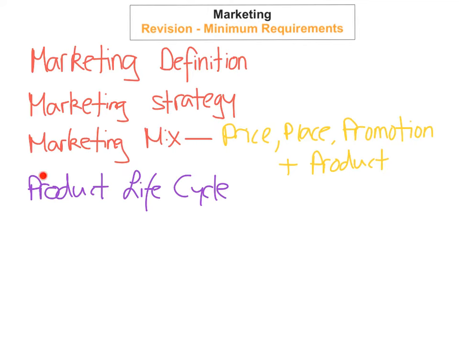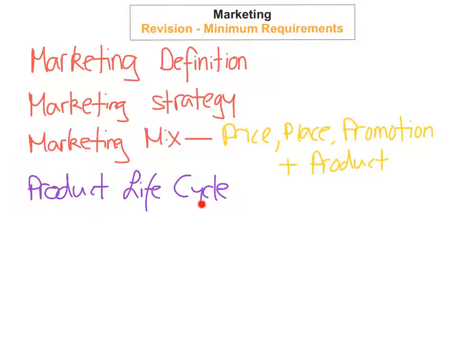An example of a short product life cycle might be the app Pokemon Go, where a long product life cycle might be a BMW car. A BMW car might last for 20 years, 30 years, where Pokemon Go might last for about a year and it'll be gone off the market. So you can see that different products have different life cycles.